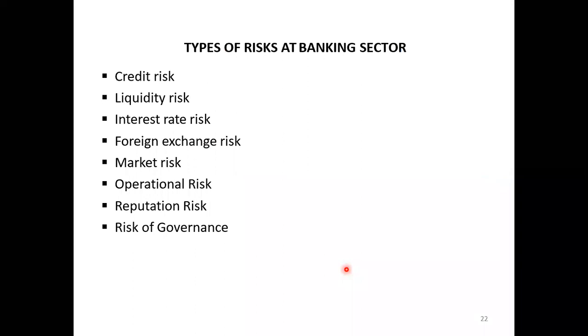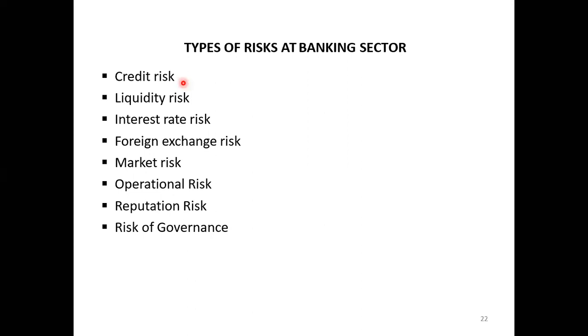Types of risk in the banking sector we have already discussed in detail in the previous session. Credit risk, liquidity risk. Credit risk means when banks, especially financial organizations, give loans to customers, and the customer fails to repay the interest as well as the principal amount.